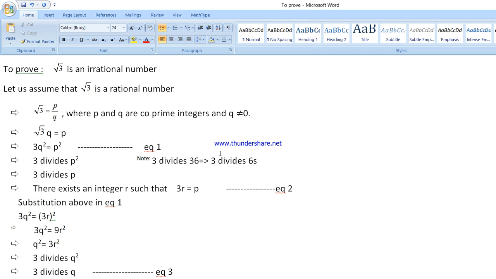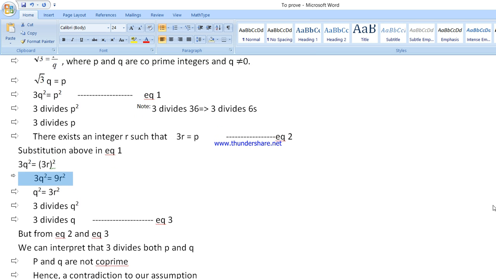Now, I substitute equation 2 in equation 1. So I write it as 3q square, and instead of p square, I write (3r) whole square, which gives me 3q square is equal to 9r square.